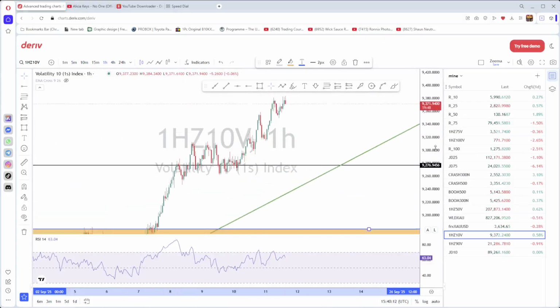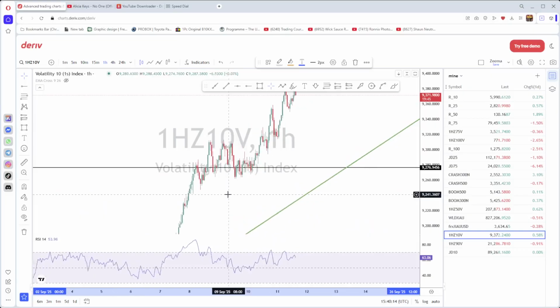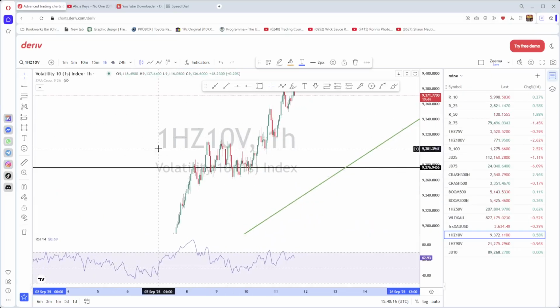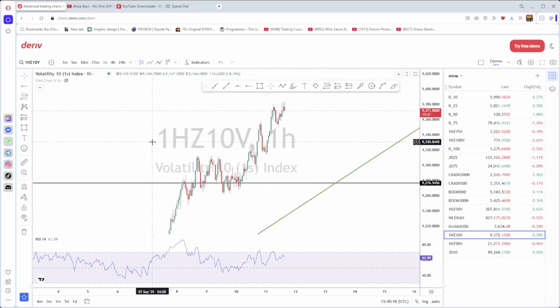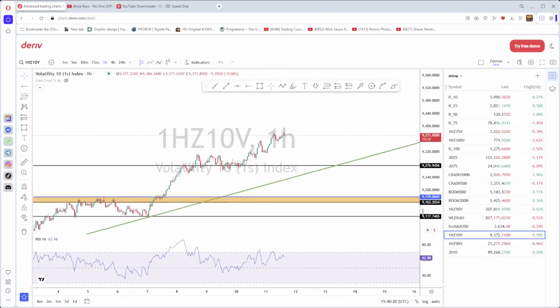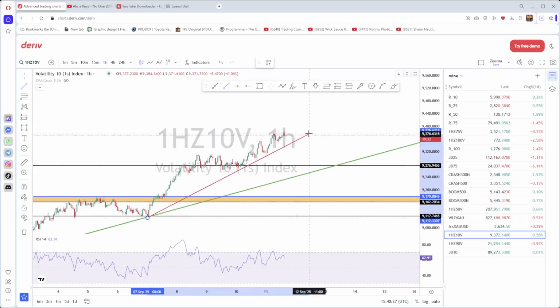Let's see what's happening. Notice we are really, really far from the trend line. So I'm going to take a little approach with the trend line and a few trades. One trend line going up lines up perfectly.